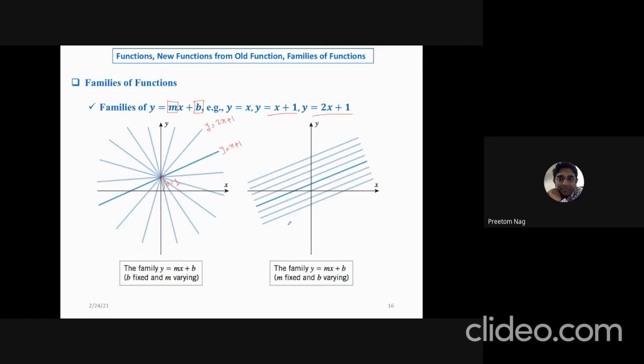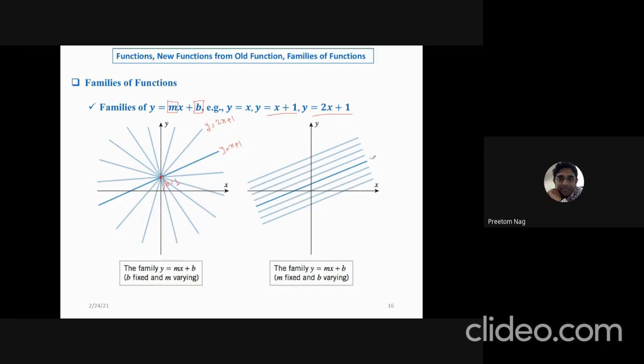The next case, in this example, if I fix the value of m and vary b, if we change b and fix m, then what will happen? Then the line will basically shift upward parallelly, right?